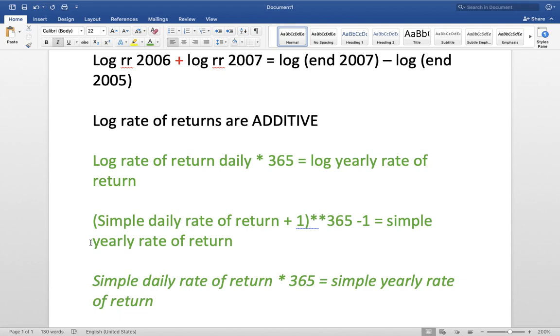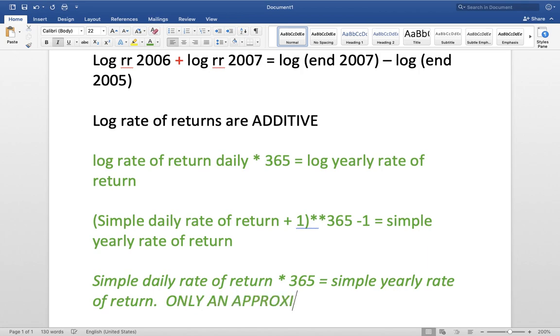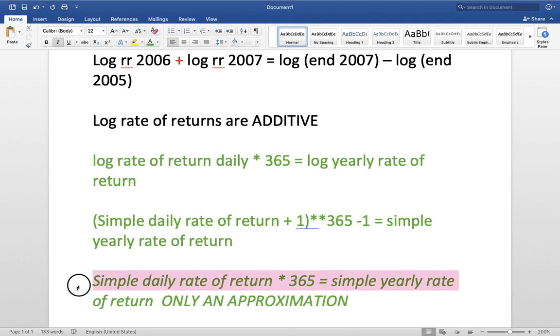So sometimes people use the formula for the log also for the simple, but it's only an approximation. Let's write it clearly here: only an approximation. And honestly, I don't want to see it, because if you do something like this in finance, I will show you later, you may lose 1-2% of yearly rate of return, something unbelievable.